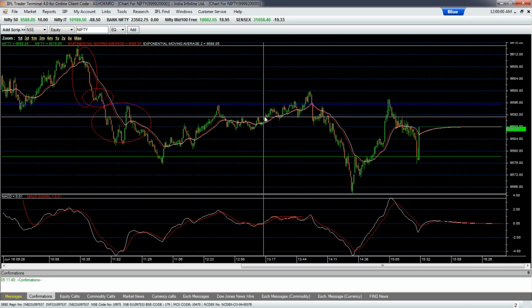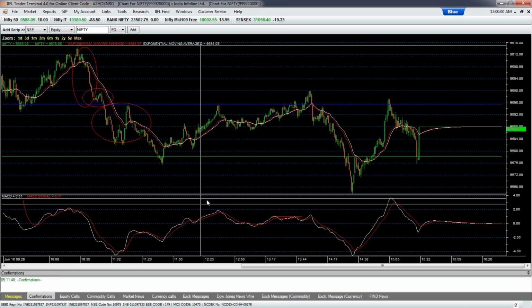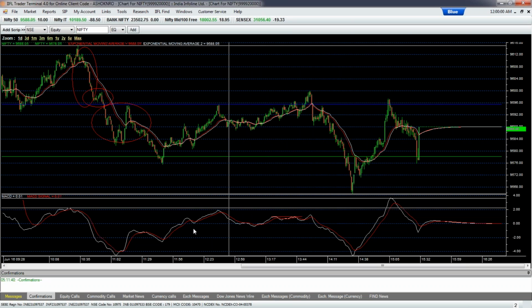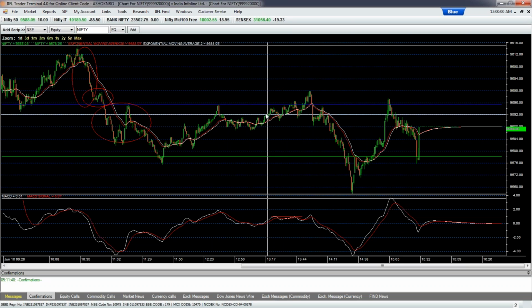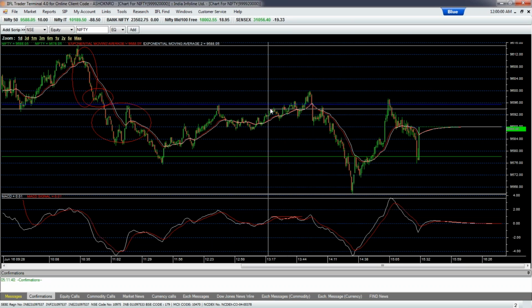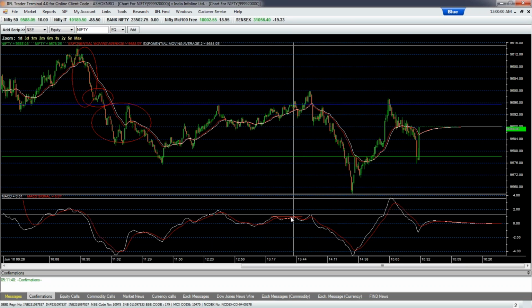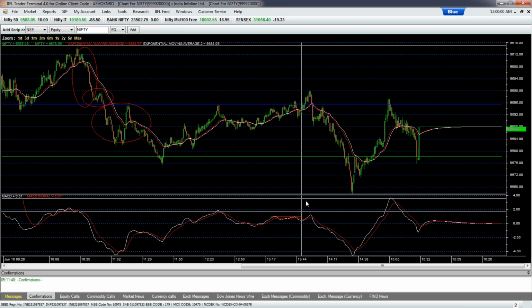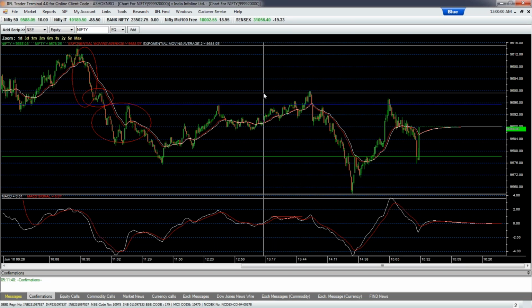Though it is making a high, this high is not that much higher than this one over here, or this one over here. Though it is making a low, it means that the market is going in a different direction than the trend we are actually following.